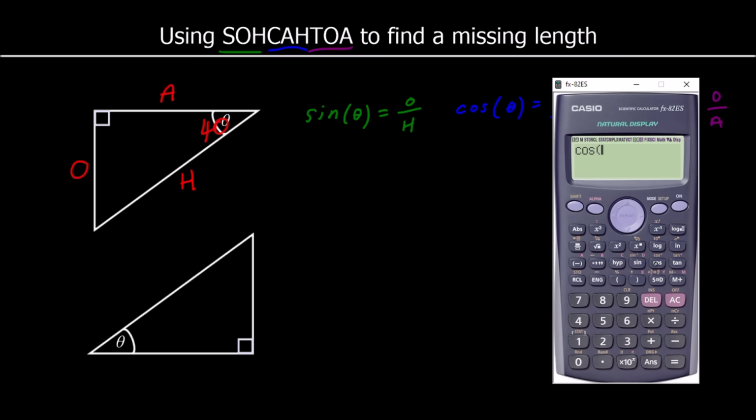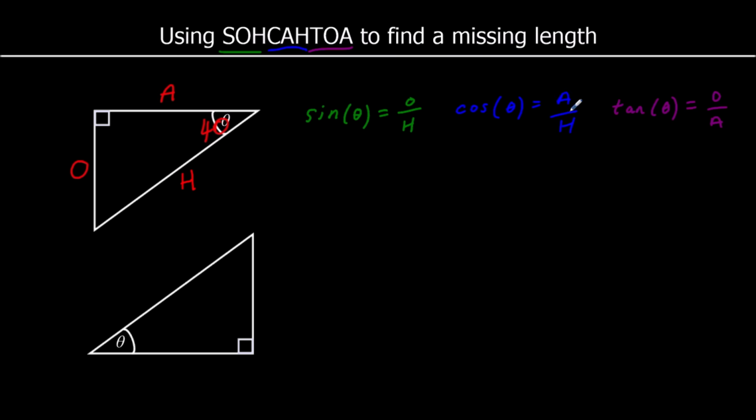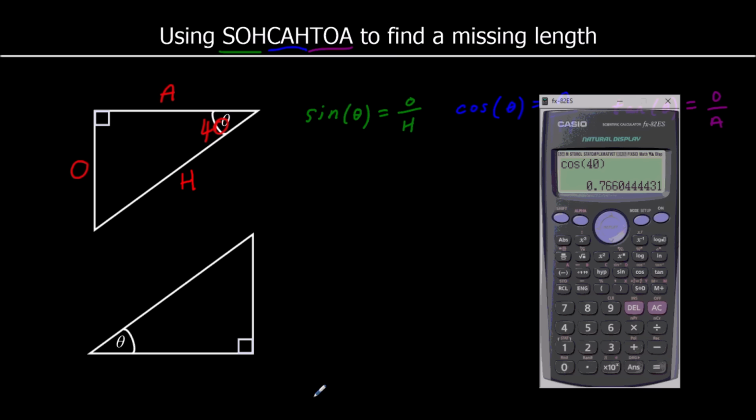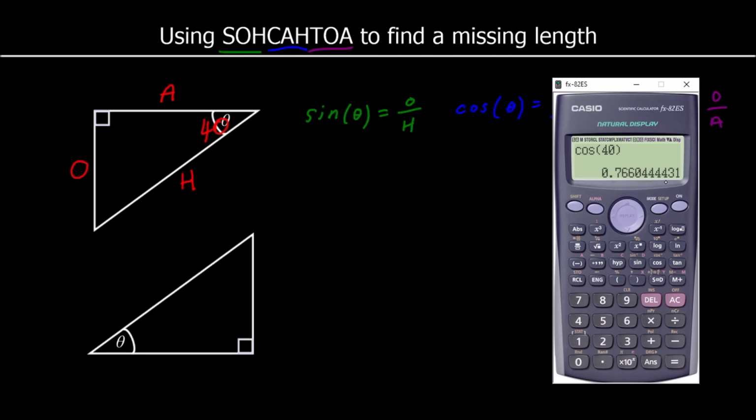And if we put cos 40 in, we get 0.766 and so on. So that tells you if this is 40 degrees, then A divided by H, so this length divided by this length, will always be 0.766 and so on.